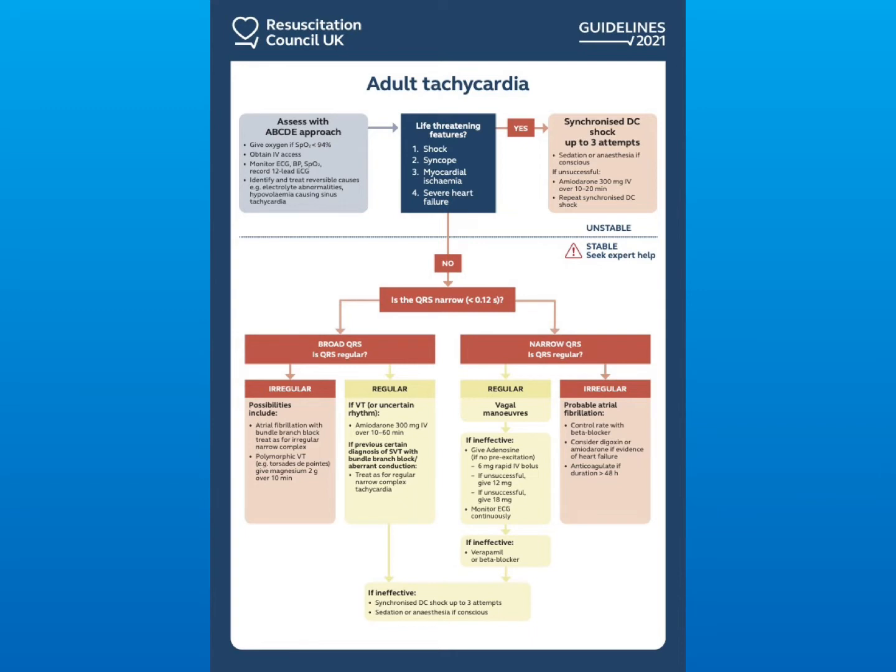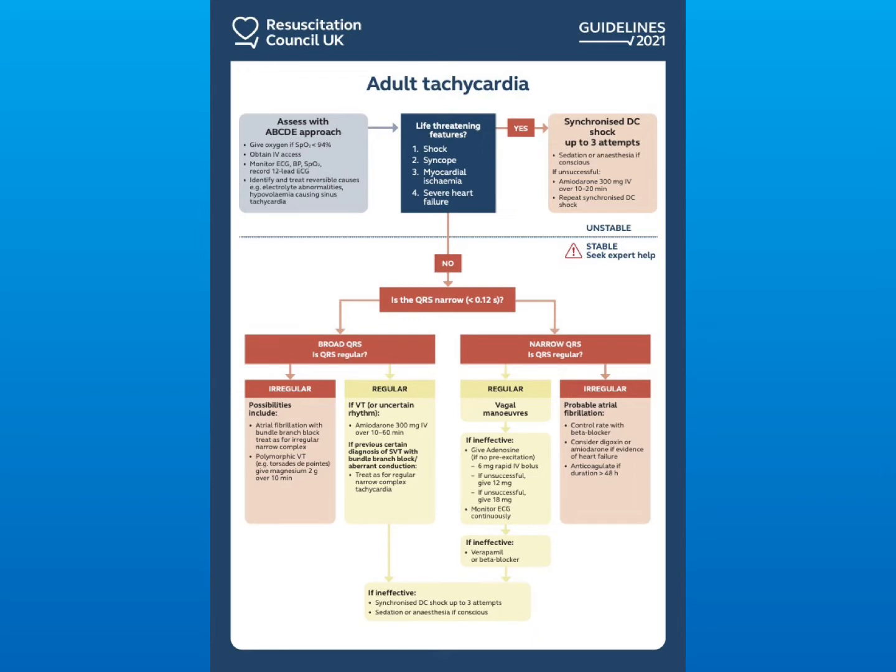The reason why we use these simplistic terms, narrow and wide, is because we treat them differently. If the patient was unstable, they were short of breath, hypertensive, they'd actually get shocked anyway. But if not, then you might use different techniques, different medications, depending on whether it was narrow or wide.